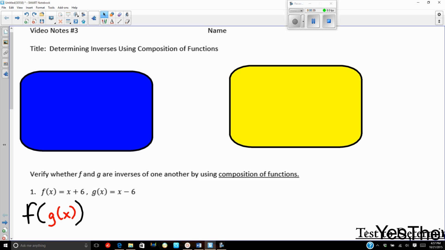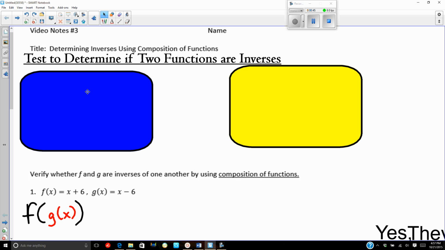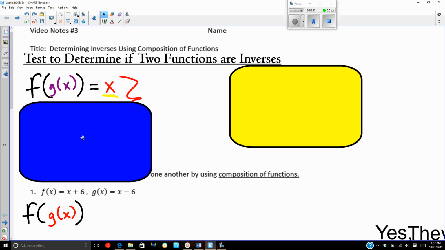So what we're going to talk about first is the test to determine if 2 functions are inverses. We alluded to this a little at the beginning of class, but the test is essentially this.